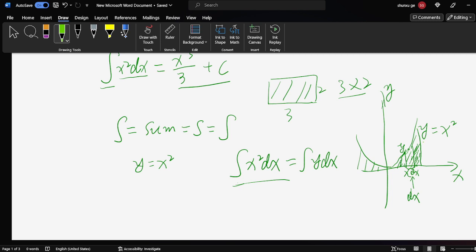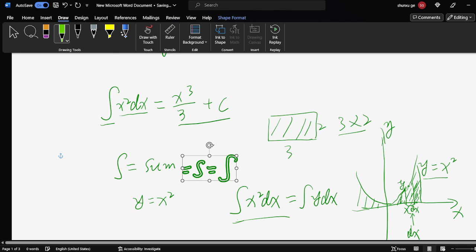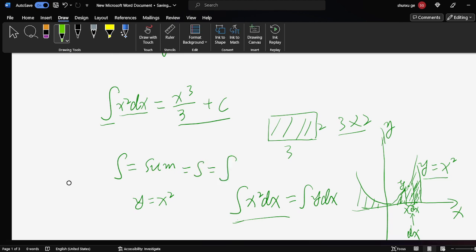This is x squared. The function is below this line and above the x-axis. So this area, we want to get this. We find the formula here: x cubed divided by 3 plus c.